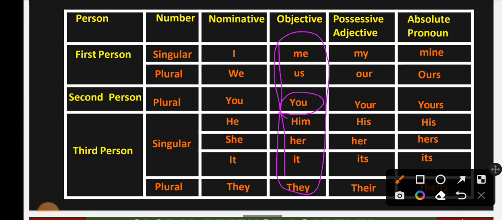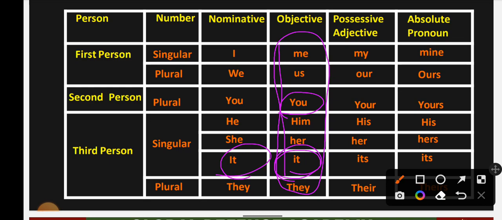I have discussed it earlier. You can be used as both subject and object of a sentence. And it, sorry, it's my fault. It is also a word which can be used as a subject and object of a sentence.